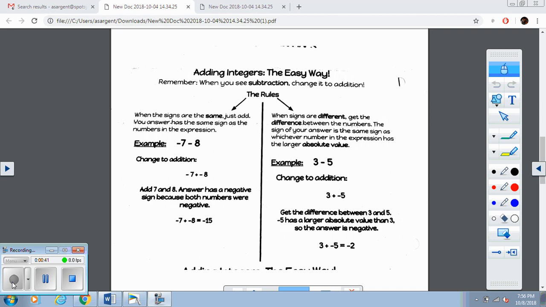So today, I'm going to show you how to add integers without having to model it. In the beginning, it's probably still going to help you to model it. As we go throughout this unit, the numbers are going to be a little too large for you to use counter chips, and maybe even too large for the number line.